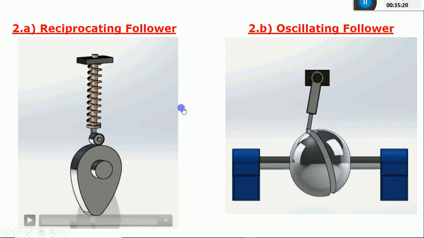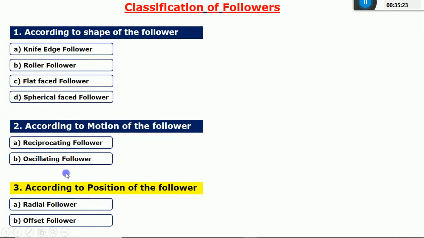And if it is clear, I'll go with the next one, that is according to the position of the follower. So according to the position or the axis of the follower, I'm going to classify as a radial follower and offset follower. Please note down these two. I'll try to differentiate what exactly a radial follower and an offset follower are.